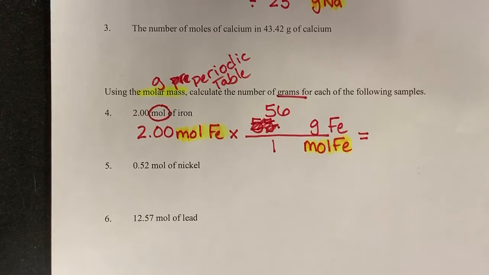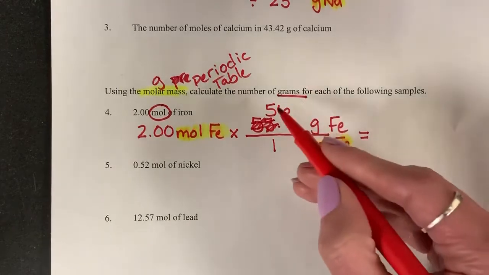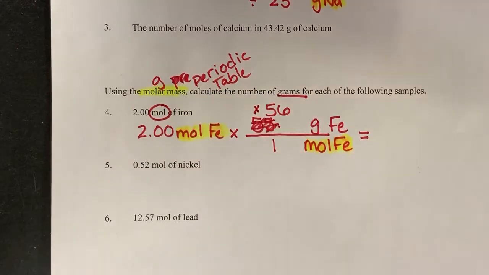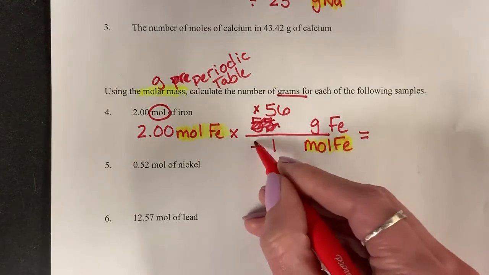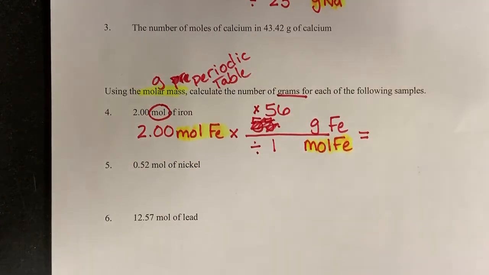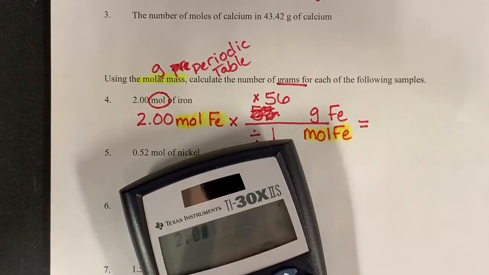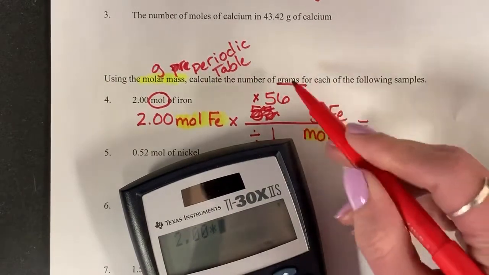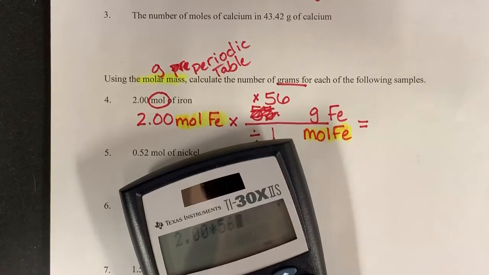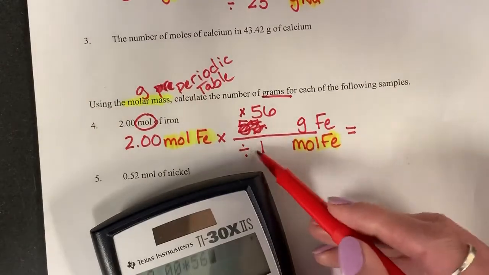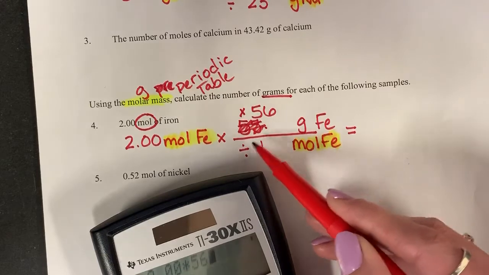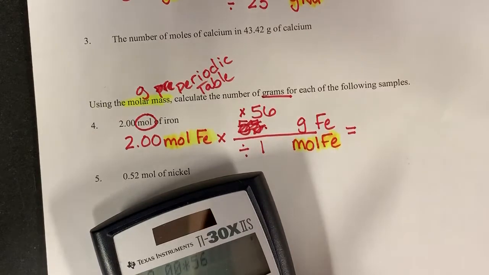Now, exactly like last time, numbers on top I multiply, numbers on bottom I divide. So when I enter this into my calculator, I'm taking 2 times 56. Now, any number divided by 1 stays the same, so I'm just going to ignore this on the bottom.